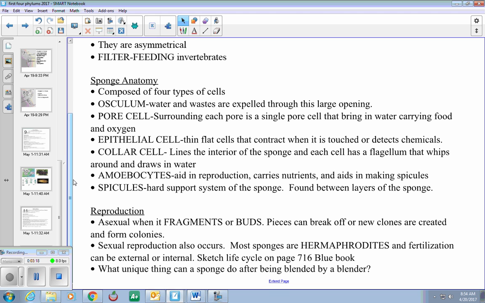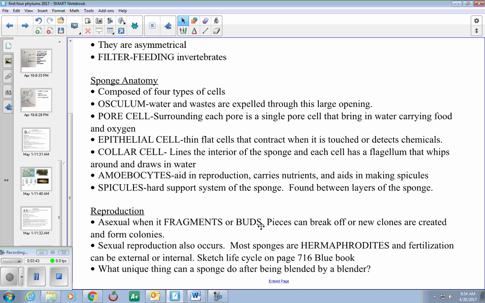As far as reproduction goes, they reproduce asexually by fragmenting or budding, which means little tiny sponges that are clones will grow off of the original sponge, and then those can actually break off and end up finding a new place and settling down to form new colonies. They also have sexual reproduction, though.